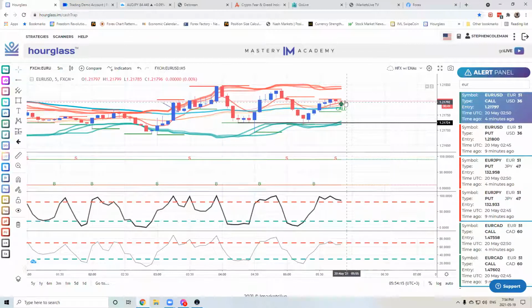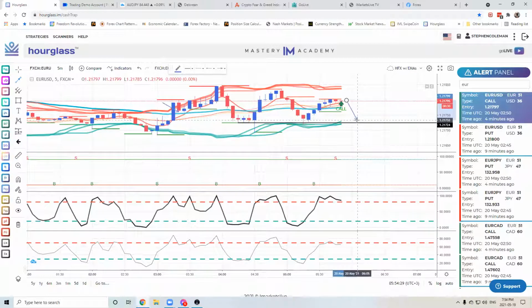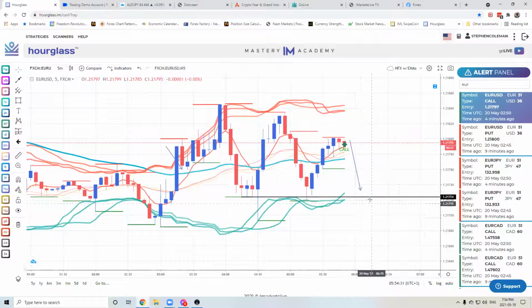Now, one thing to watch out for, guys, as a trader: what happens to the currency strength of the dollar, or the euro actually in this case, if the market takes a dive and it comes down to here? Well, you're either going to see a stronger dollar, so this 36 is going to go up, because if the dollar gets stronger, this pair drops.